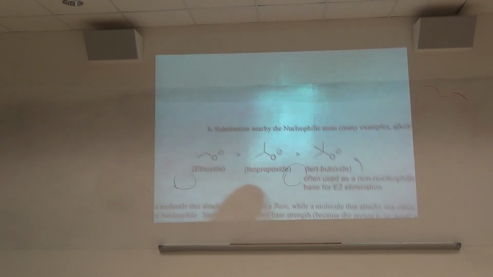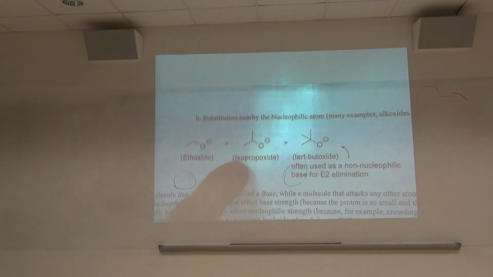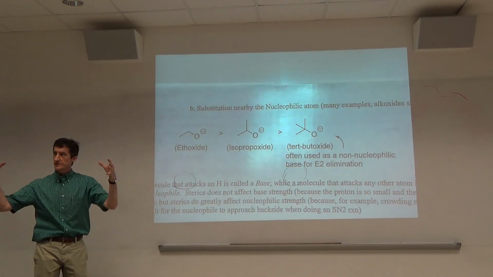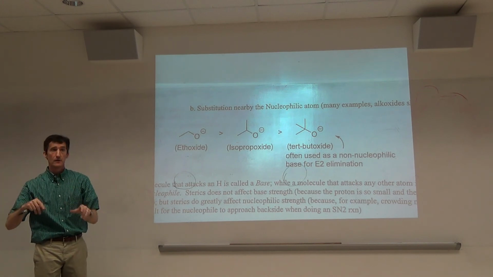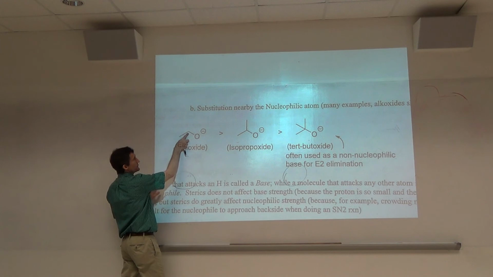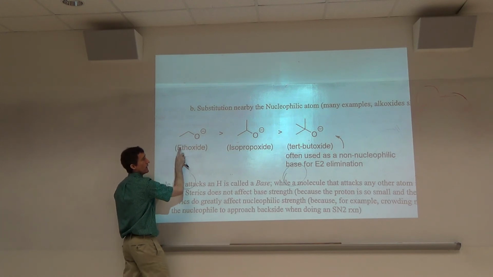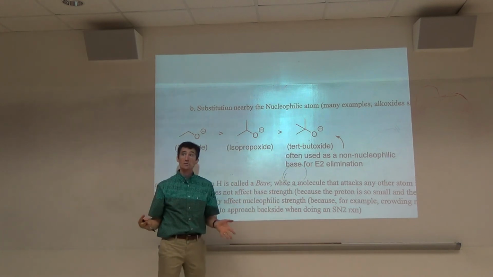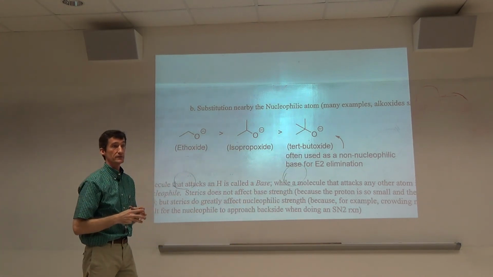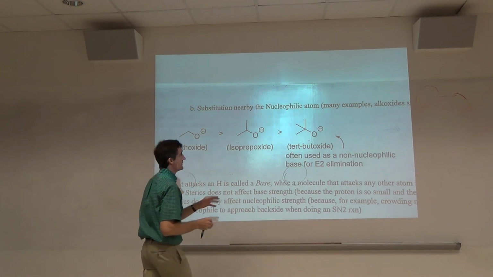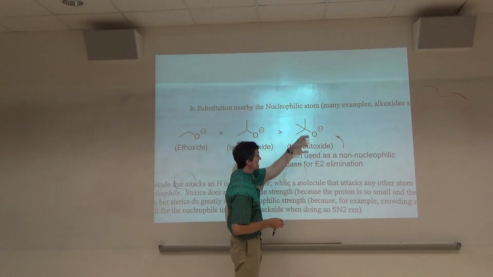This substitution can also be adjacent. In the previous example, we started substituting on the nitrogen. Here, we're not substituting on the oxygen because you can't. We're substituting next door. And the substitution next door also hurts the reaction. Maybe not as badly, but it can.